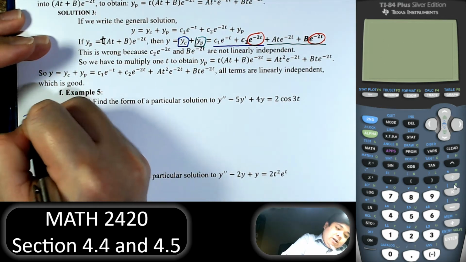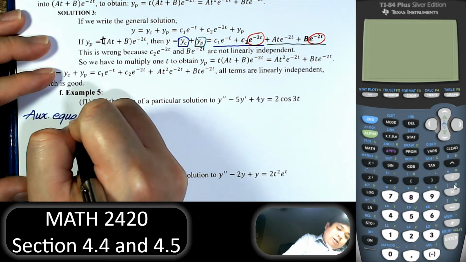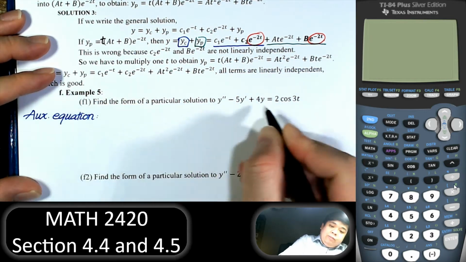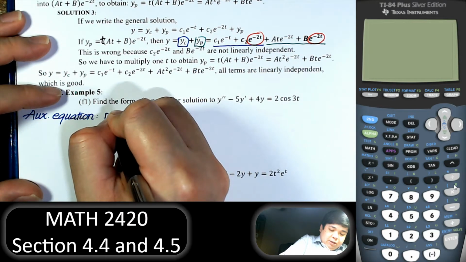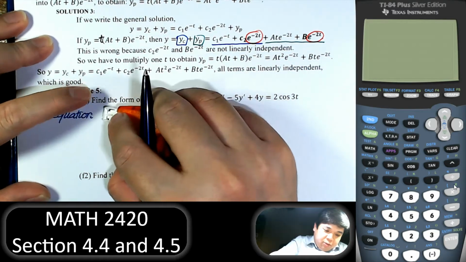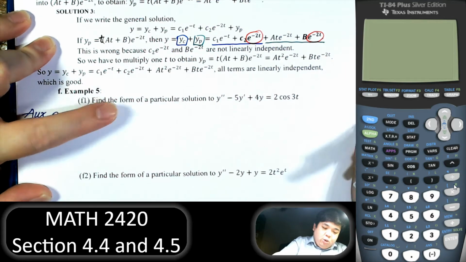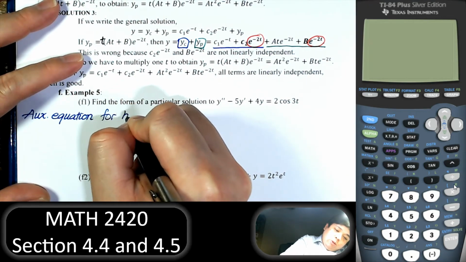So for the auxiliary equation, first problem, let's write full details. Auxiliary equation for the homogeneous equation.